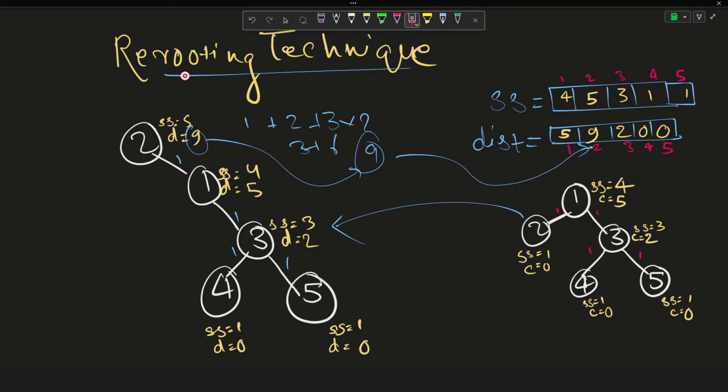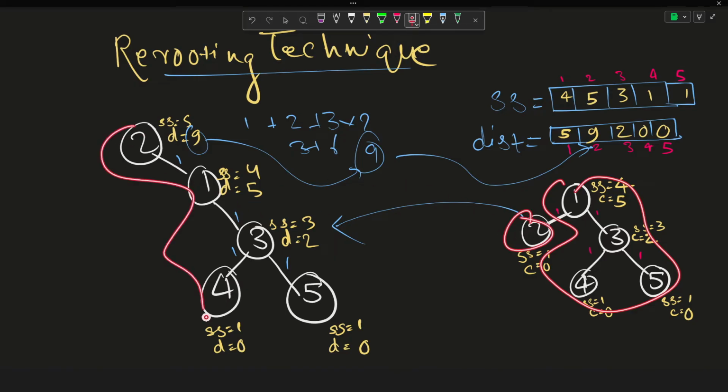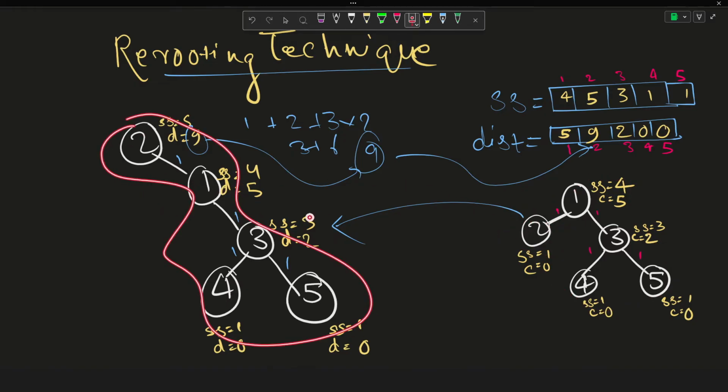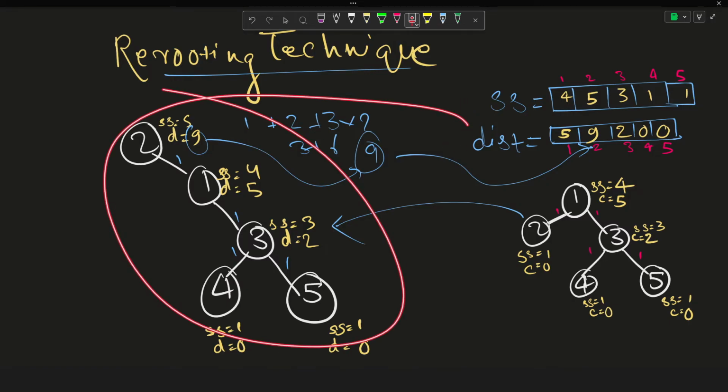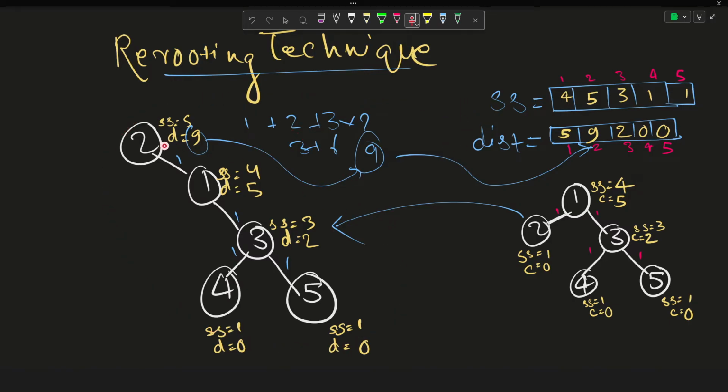So we change the root of the tree by first removing the child from this parent, through these arrays, and again adding this remaining subtree of 1 back to 2, thereby making 2 the root of this tree, and whatever values are present in these two arrays now correctly represent the values that should be there for the tree which is rooted at the vertex 2.